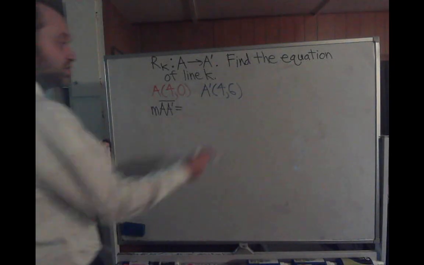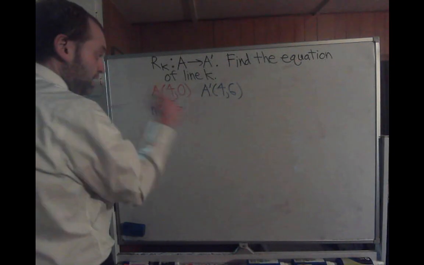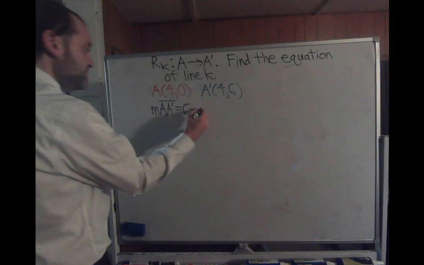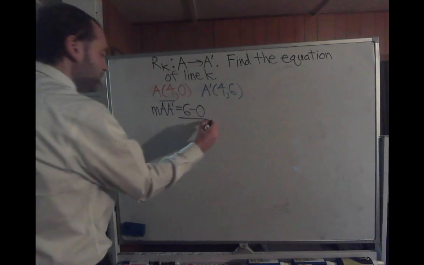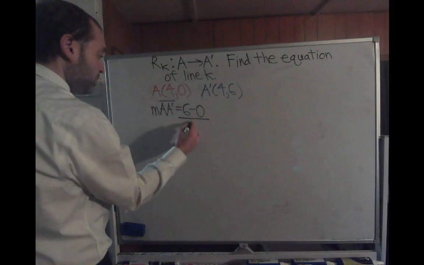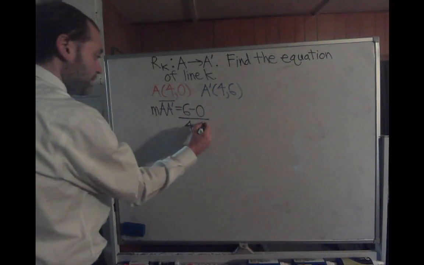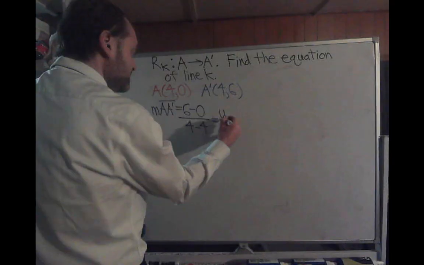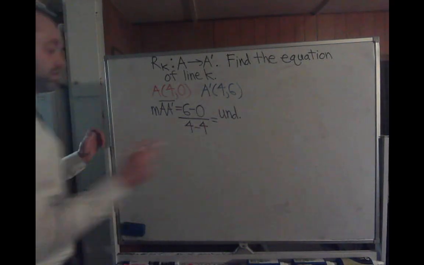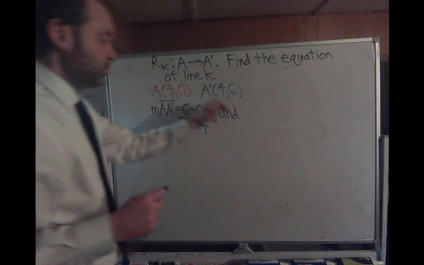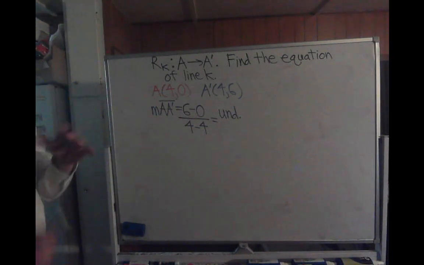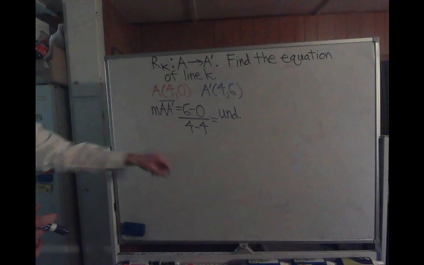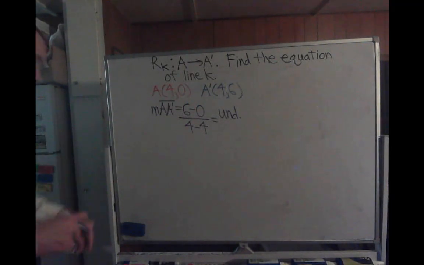You'll take your y2 of 6 minus your y1 of 0 over your x2 of 4 minus your x1 of 4, which would end up giving you 6 over 0, which is undefined. So you have an undefined slope for the line segment that joins A and A prime, which would actually be a vertical line.